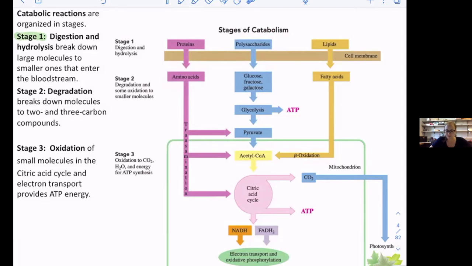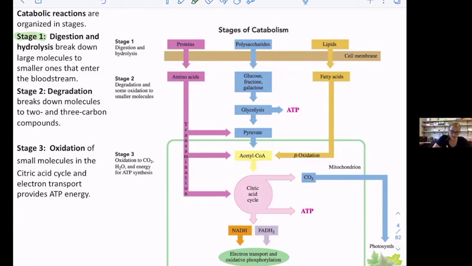Polysaccharides are going to be turned into maybe disaccharides, monosaccharides, so smaller saccharides in general. And then lipids also could be broken down into fatty acids to be transported. So stage 1 is big to not quite as big, or maybe polymer to monomer.